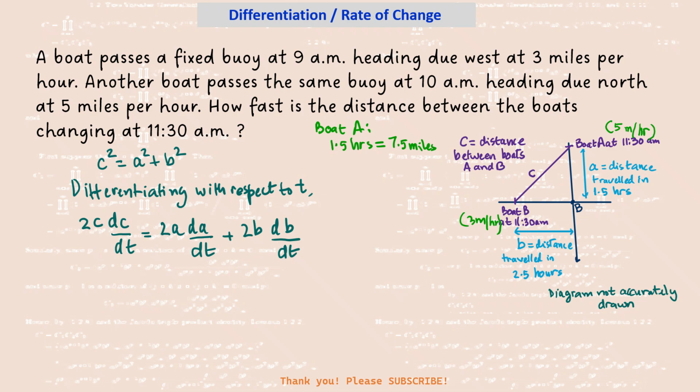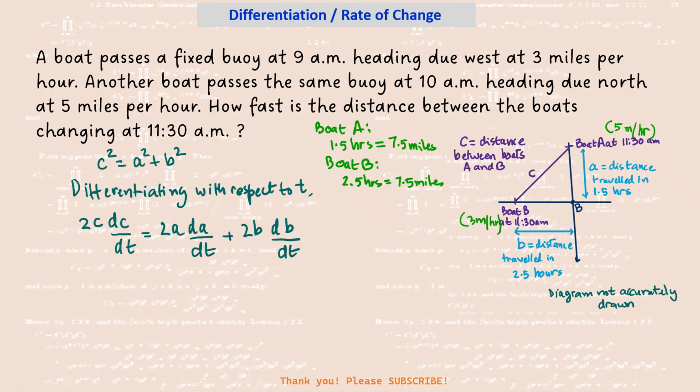For boat A in 1.5 hours, it would go 7.5 miles, because in 1 hour boat A goes 5 miles, so 5 times 1.5 gives you 7.5.